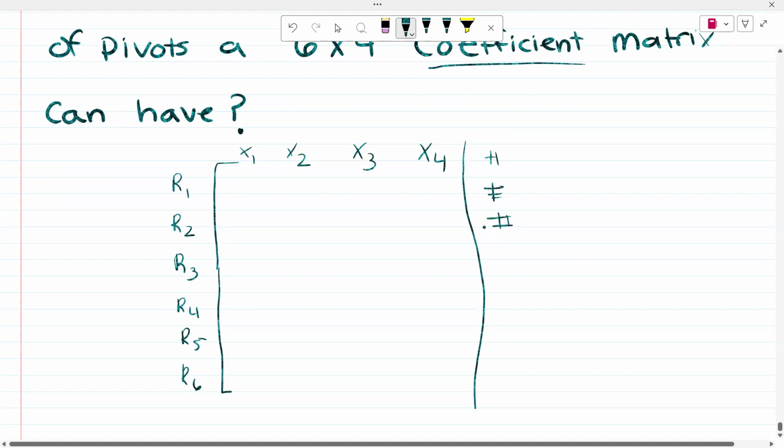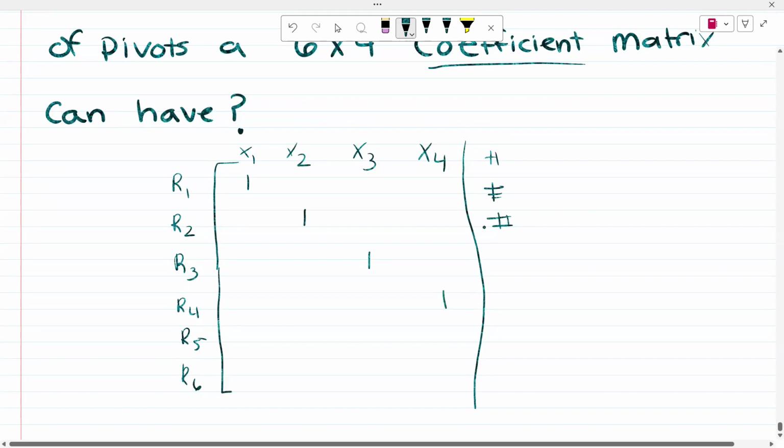So this time, pivot. Row 1 x1 would be a pivot. Row 2 x2 would be a pivot. Row 3 x3 would be a pivot. Row 4 x4 would be a pivot.